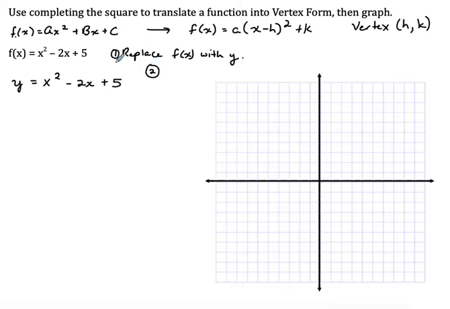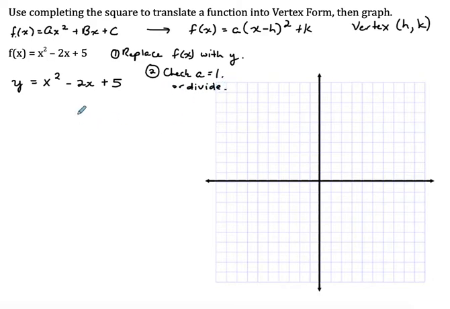The second thing I'm going to do is check that my a value is equal to 1. If a is not equal to 1, I'm going to have to divide everything by that a value to ensure that the a value is 1.